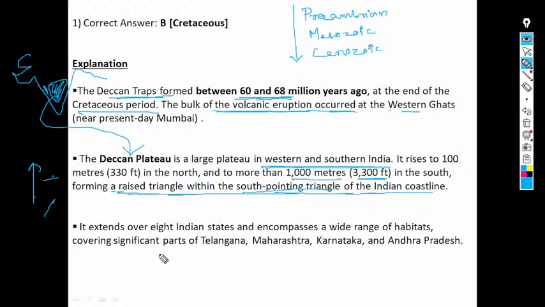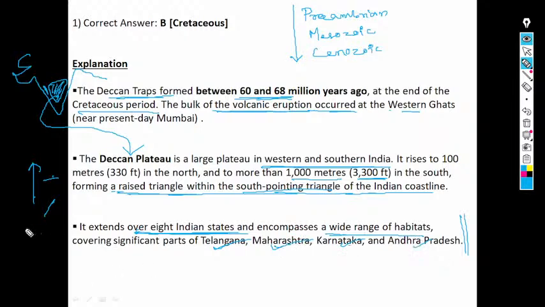Then it extends over 8 Indian states and encompasses a wide range of habitats, covering significant parts of Telangana, Maharashtra, Karnataka and Andhra Pradesh.